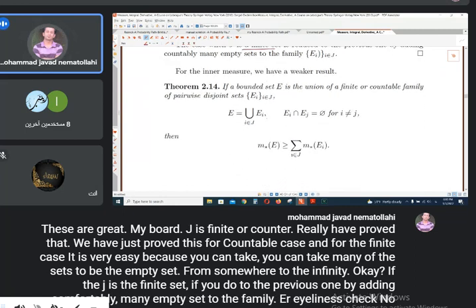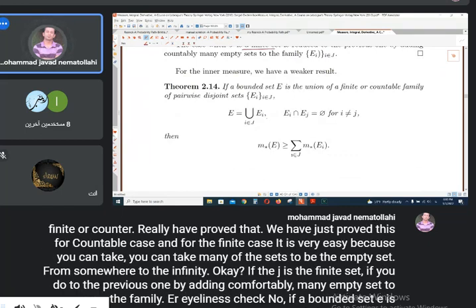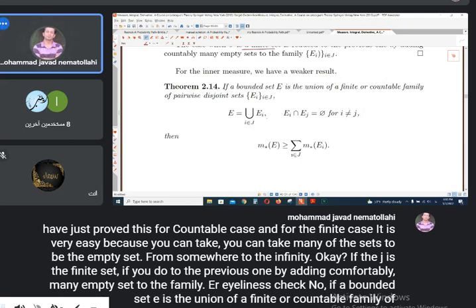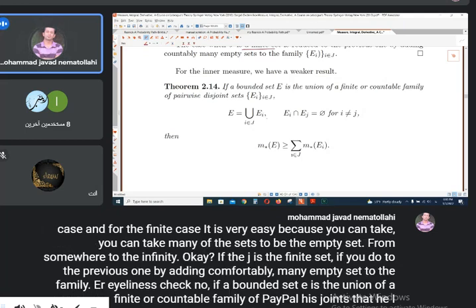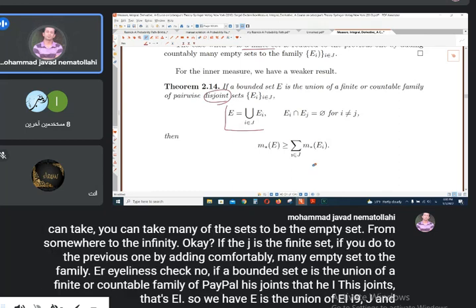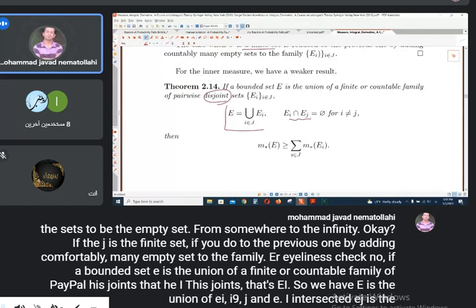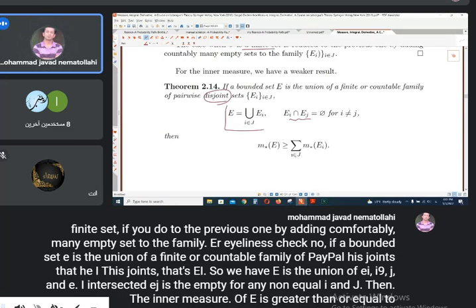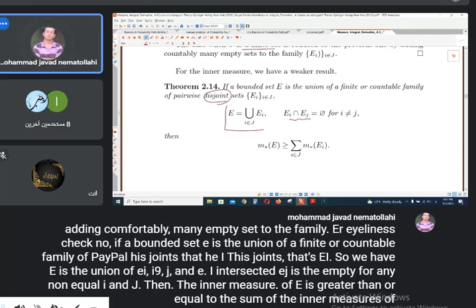Now, if a bounded set E is the union of a finite or countable family of pairwise disjoint sets E_i, so we have E is the union of E_i, i belongs to J, and E_i intersect E_j is empty for any non-equal i and j, then the inner measure of E is greater than or equal to the sum of the inner measures of E_i.